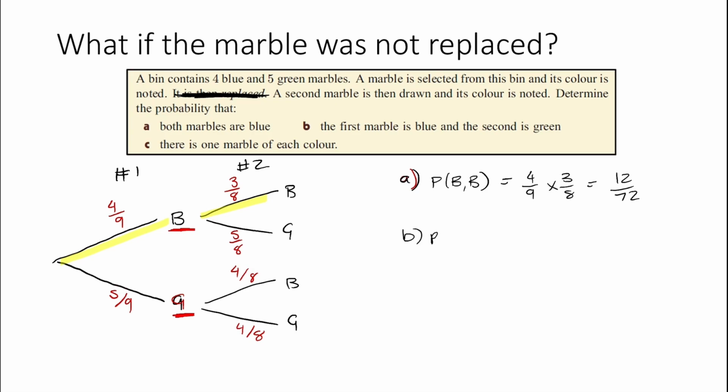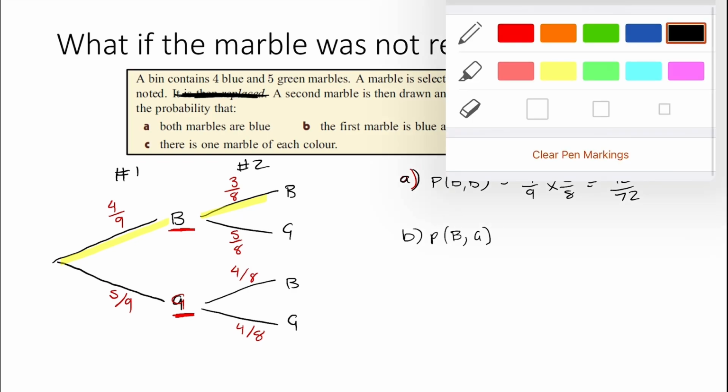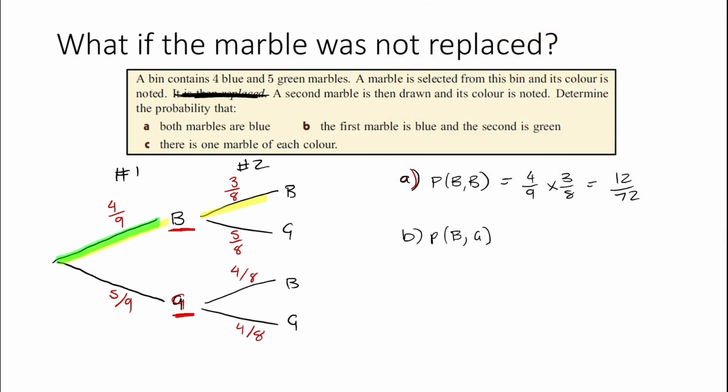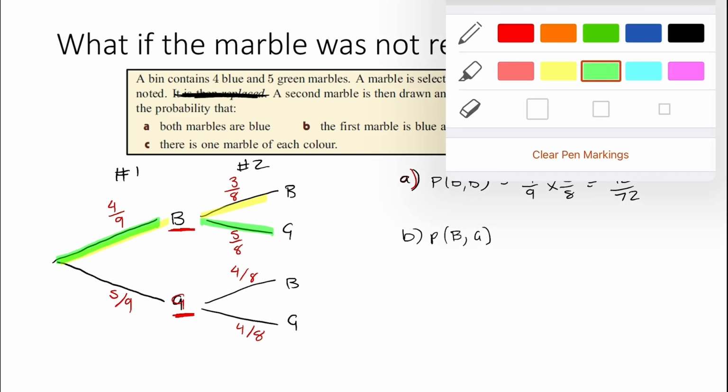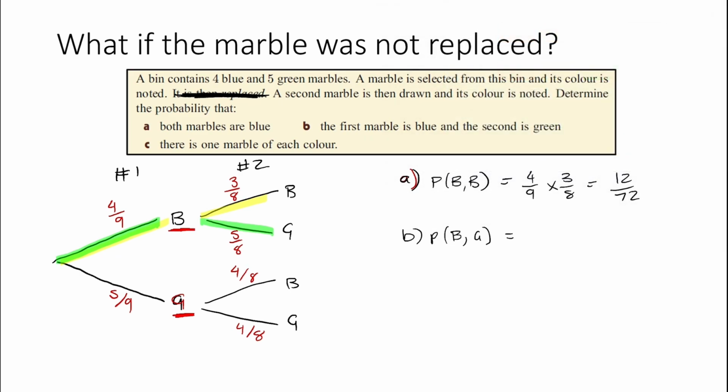Now, the next question is the probability of getting a blue and then a green. So, getting a blue first and then a green second. We're going to go 4 over 9 multiplied by 5 over 8, which is going to give me 20 over 72.